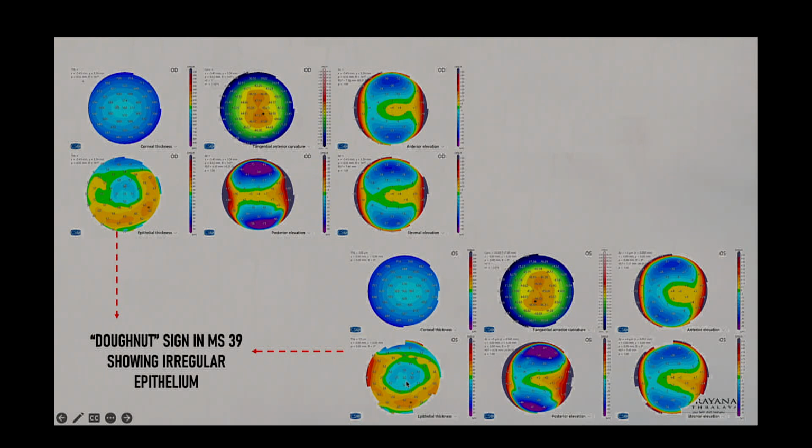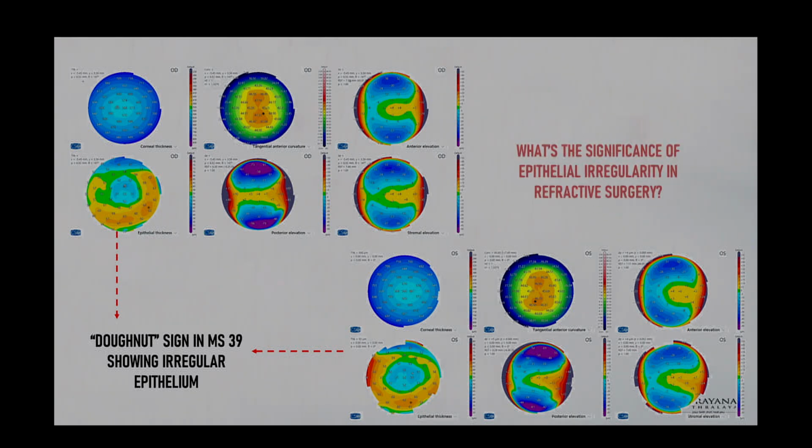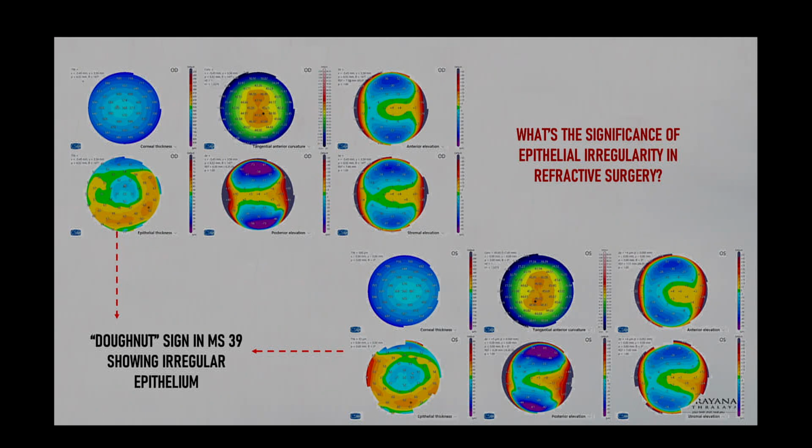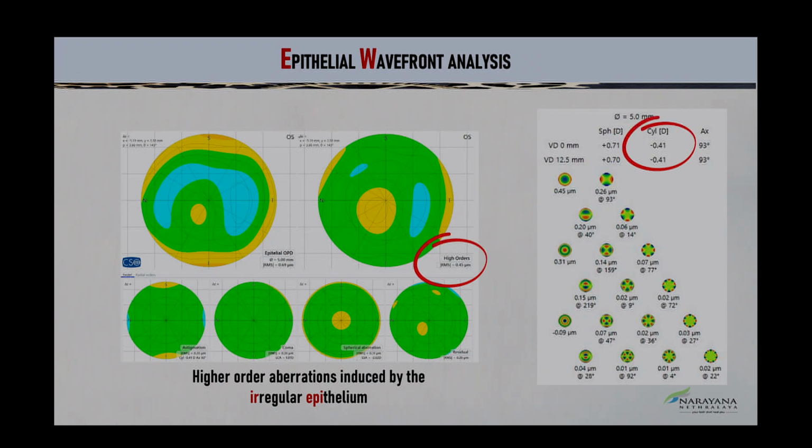Now, if I just put it as 50 and treat it, then again the periphery is going to go into undercorrection. Or if I put 65 or 60, let's say, for the entire area, then it may have an overcorrection. So that's why an epithelial map is very important to choose what epithelial thickness to put. And as I was suggesting before, if I treat irregular epithelium just like that, what would happen?